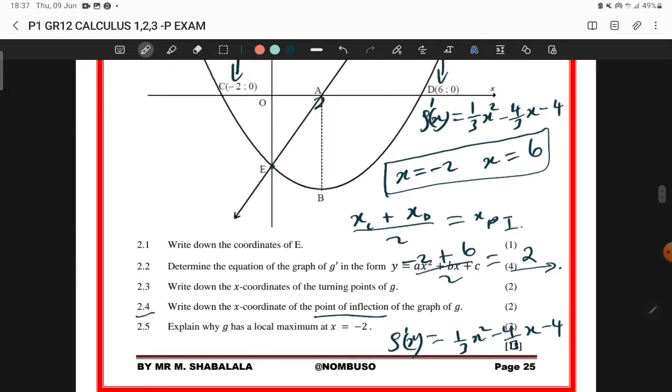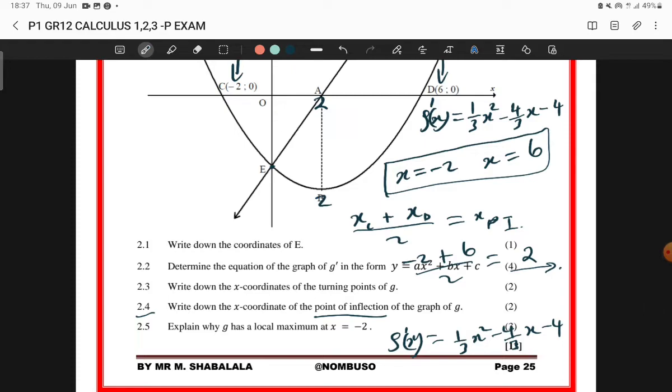Otherwise, this is the value that we have here, which is the x coordinate of the turning point of your derivative, and it is also the x coordinate of the point of inflection. So this x, which is 2, is also the x coordinate of the point of inflection in your original function.